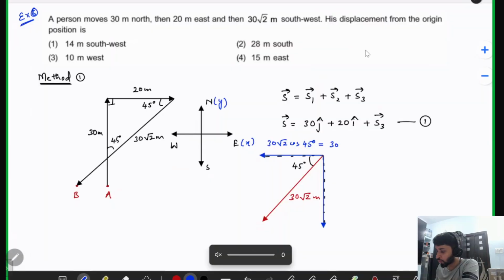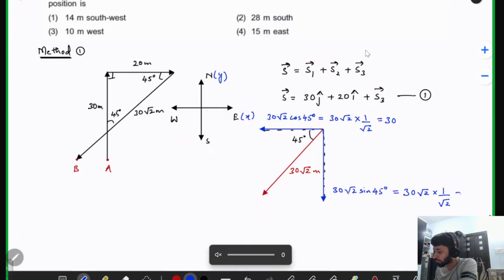So 30 root 2 into 1 by root 2 will become 30. So it will have a component of magnitude 30 towards left, and this one becomes 30 root 2 sine 45 degree. So it becomes 30 root 2 into 1 by root 2, so that will also become 30.